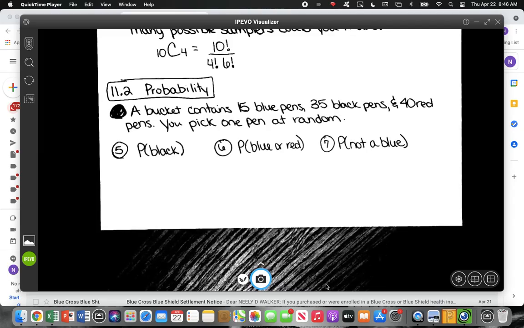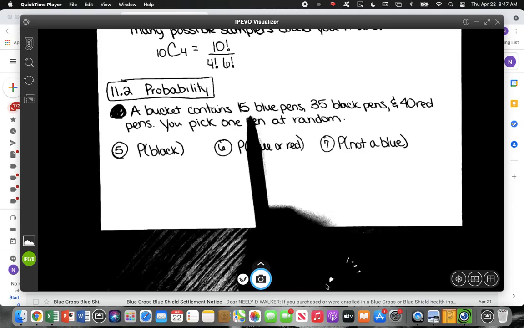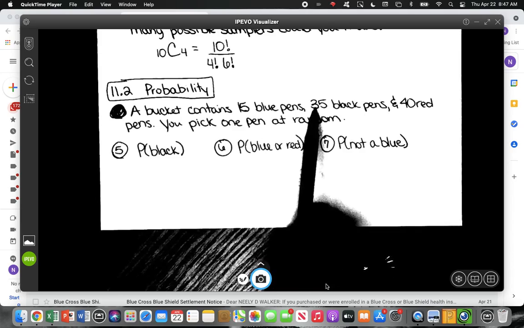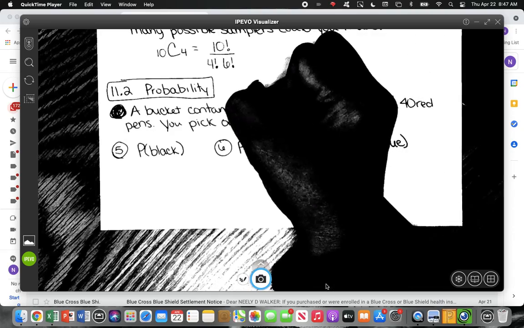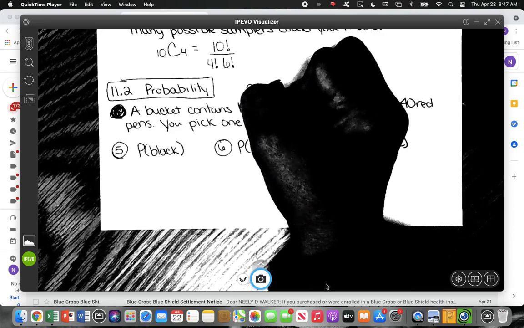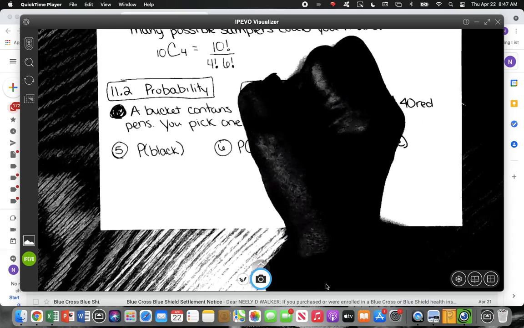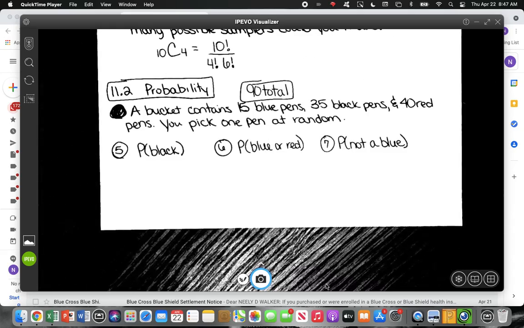And I want to know the probability of black, the probability of blue or red, and not a blue. What do you have to find out before you can answer any of these questions? Okay, how many total pins are there? What's 15 plus 35 plus 40? All right, so before you answer this, you have to know that there's 90 total because that's going to be helpful.